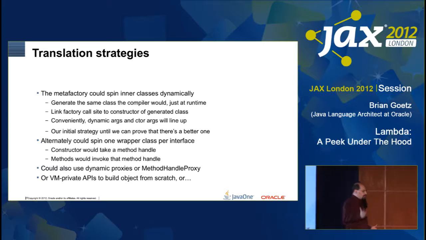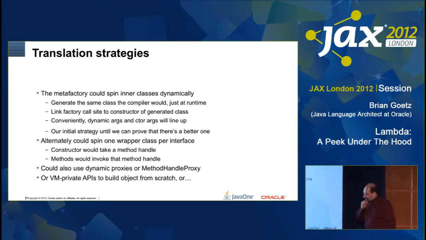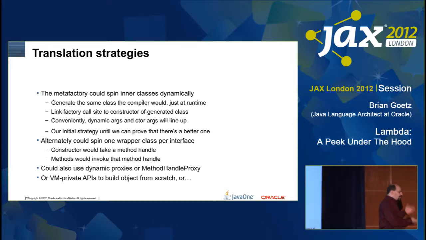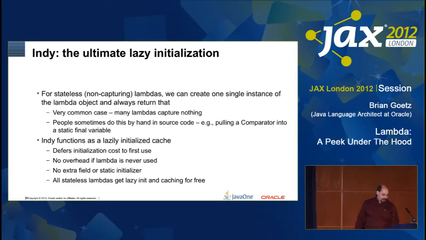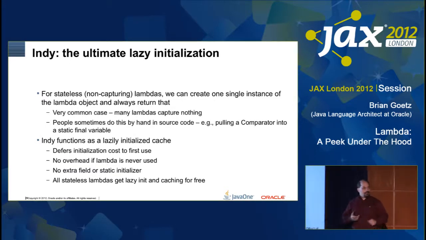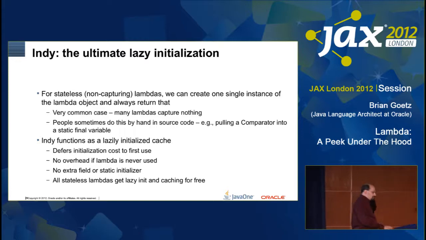We could do dynamic proxies, which we implemented, and they're unbelievably slow, but at least it proved that you can do it. Method handle proxies, similar, or some kind of VM-private object alchemy. Lots of things we can do here. And in fact, we're free to change this translation strategy from release to release, from run to run, from Monday to Tuesday. It's completely an implementation detail.